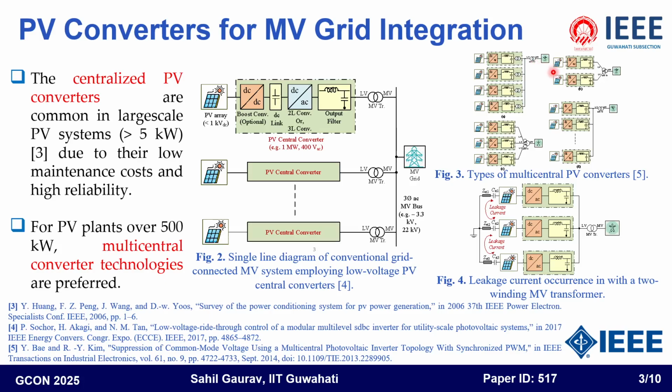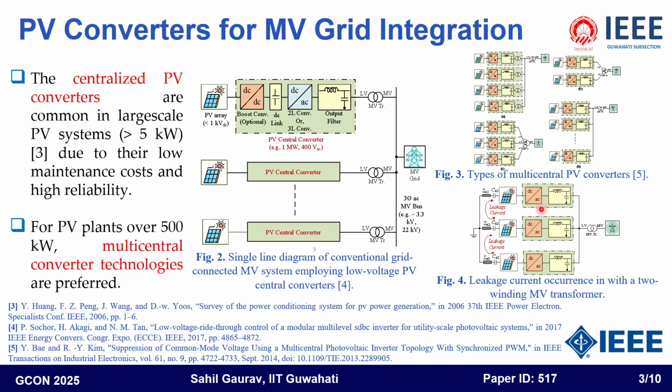In figure B, this is a transformerless structure with a three winding MV transformer, and this is more preferred. Figure B and figure C structures are more preferred. In figure C, it is a transformerless inverter with a four winding MV transformer, and in figure D, a transformerless inverter with a two winding MV transformer.